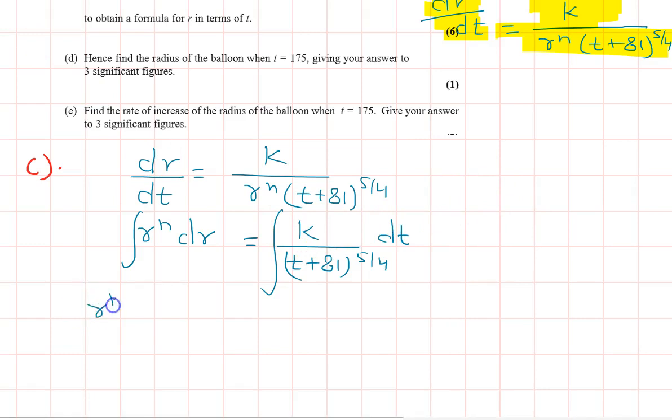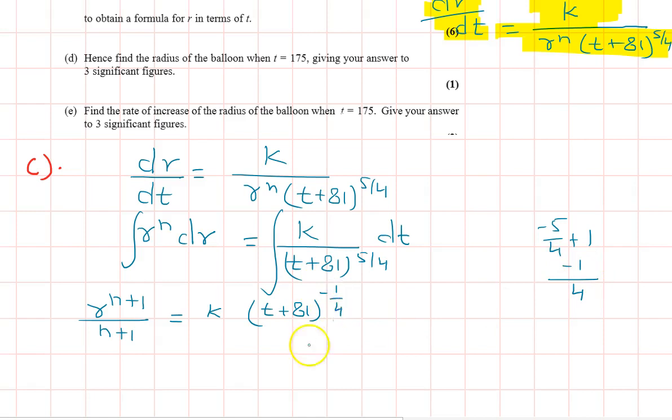So r to the power n plus 1 over n plus 1 is equal to k, t plus 81 to the power minus 5 over 4 plus 1, minus 1 over 4, so minus 4, plus c.